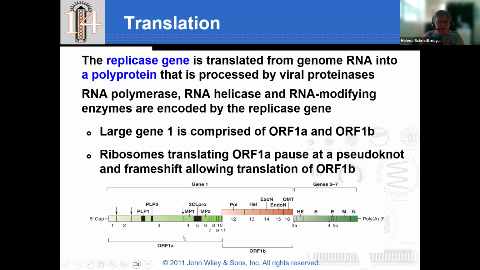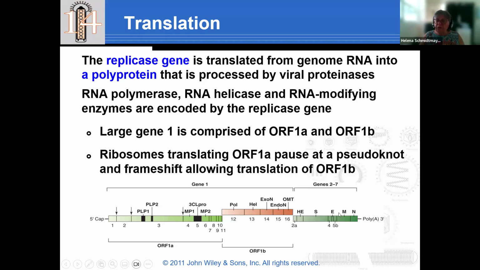Basically, there are two open reading frames. The first open reading frame is translated first, but the ribosomes encounter a pseudoknot, which is between NSP2 and the polymerase, and this slows down or pauses translation and allows a frameshift. This frameshift allows translation of ORF1b afterwards.